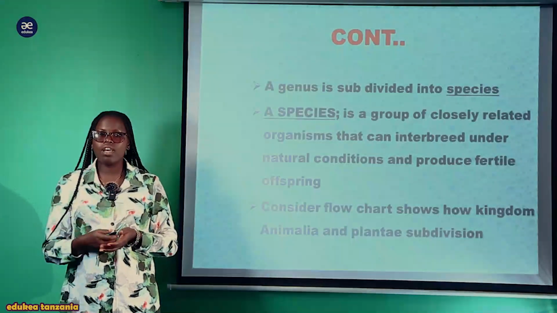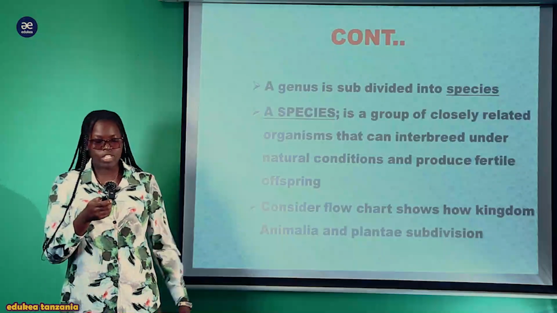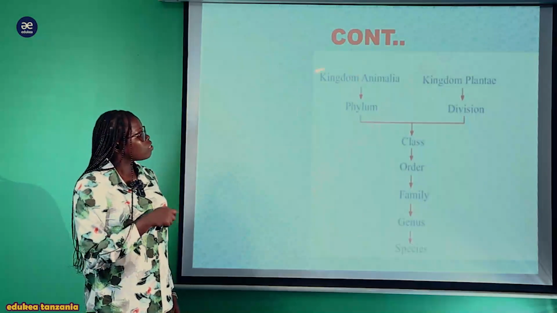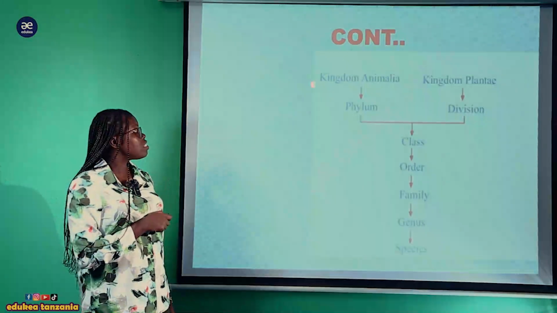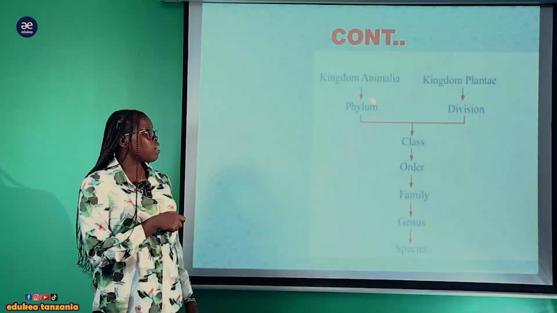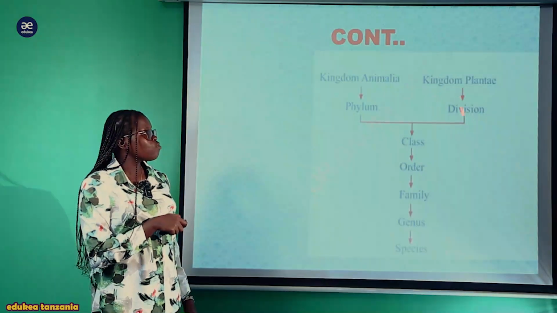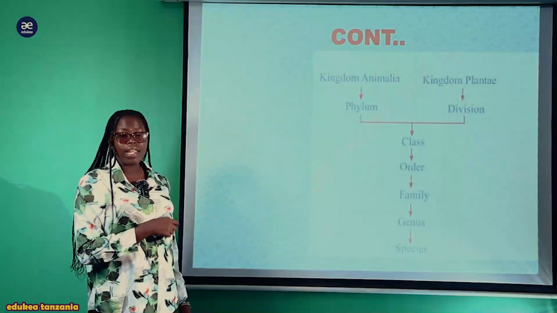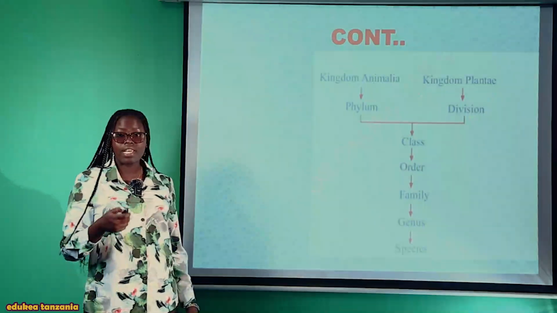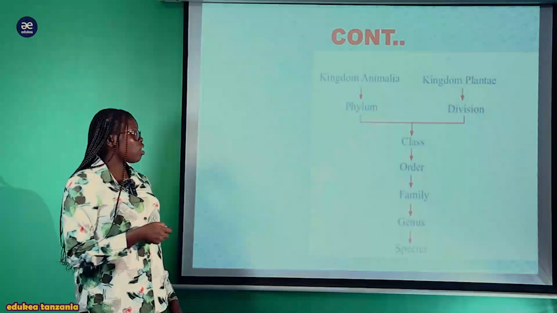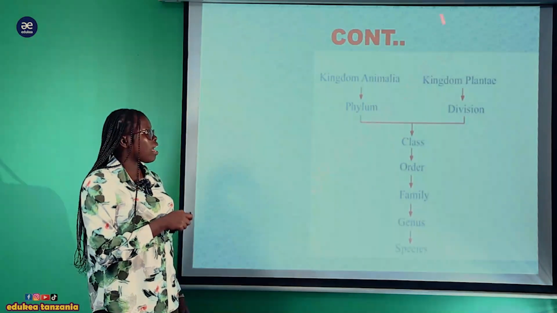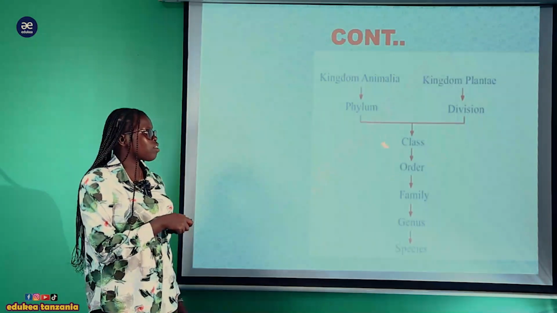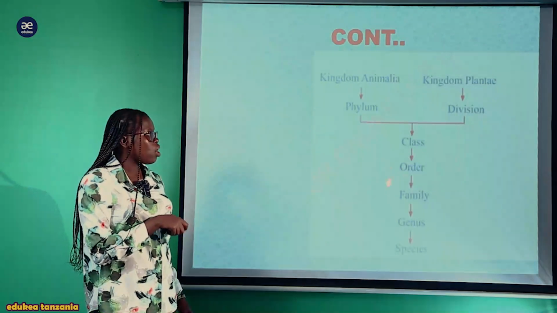This is a simple flowchart used within the Kingdom Animalia. We use phylum, but for Plantae we use division, because in Animalia there are animals, but in Plantae we have plant species. So this phylum and division are further classified into class, class into order, order into family, family into genus, and genus into species.